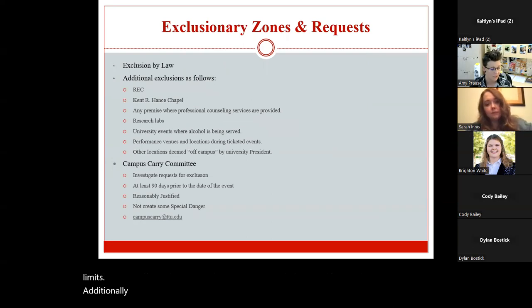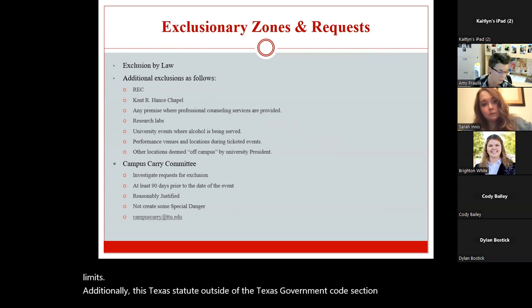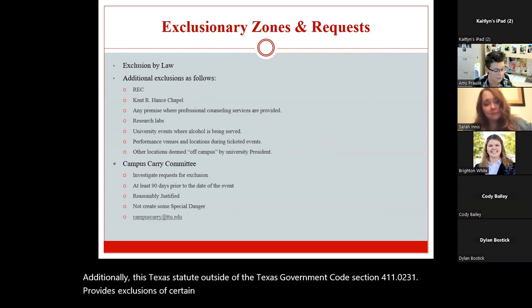Additionally, this Texas statute, outside of the Texas Government Code section 411.0231, provides exclusions of certain premises or events.